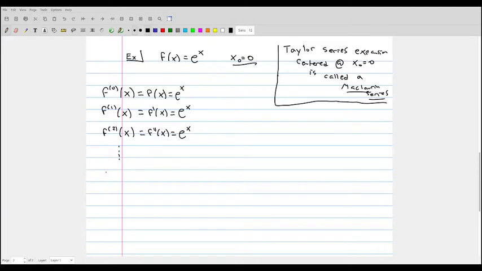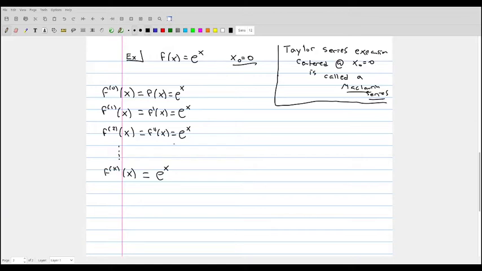And you can see very clearly that for the function e to the x, the kth derivative, or the derivative k times, is always going to be equal to e to the x, because the derivative of e to the x is in fact always equal to itself.